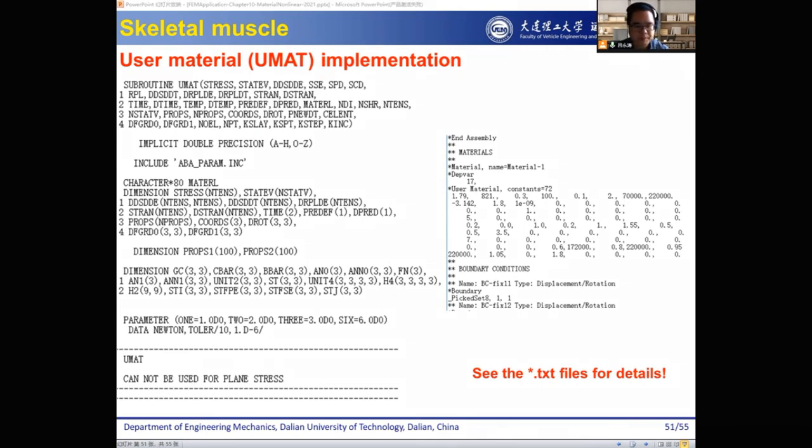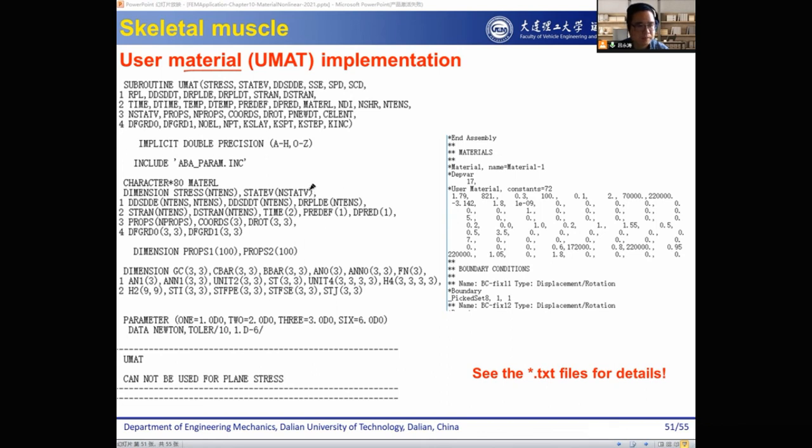We implement all those formulas in the software through the UMAT interface. This interface is written in Fortran, so you see, it is also very important to know how to use Fortran, C, and those basic languages.